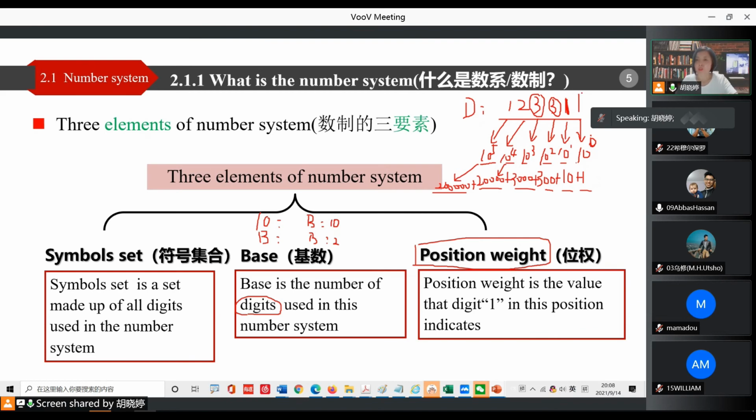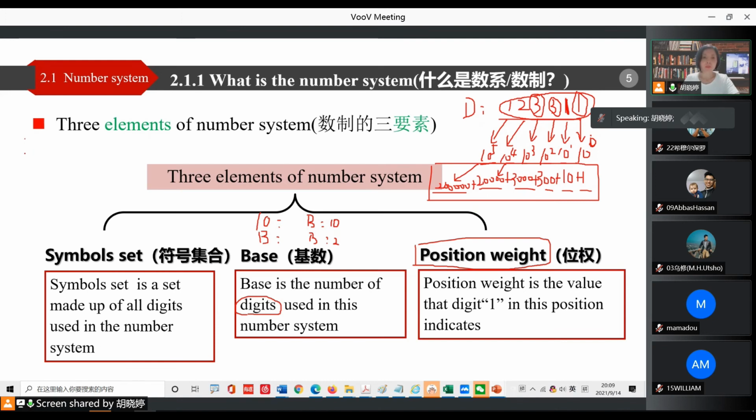This decimal form represents that number. It's the real number. That means its real number is related to its digits and their weights. That is the decimal position weight.